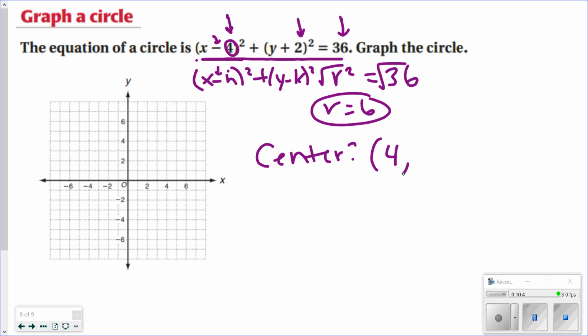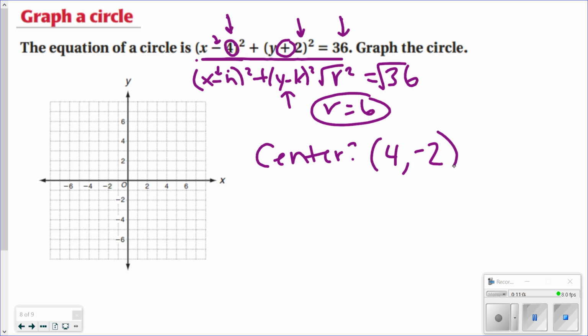If I notice for the y plus 2, I have a positive sign here, which means normally it's a negative. So if we had a positive, we would have minus a negative. So the only way that would occur is if k was negative 2. So that means that my center here is 4, negative 2.